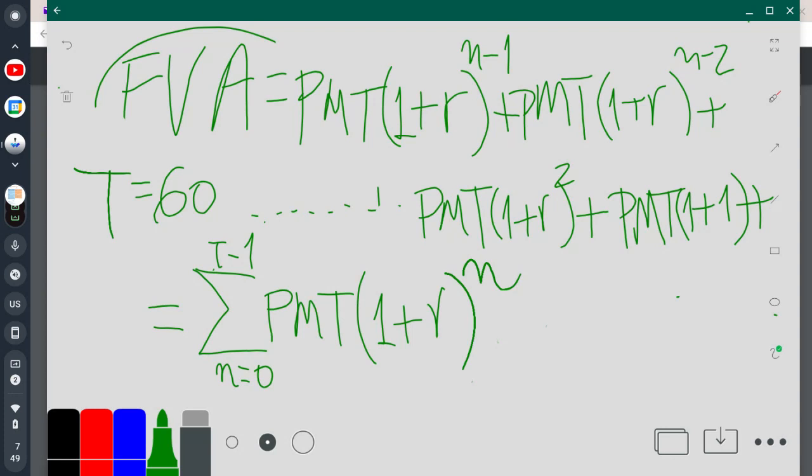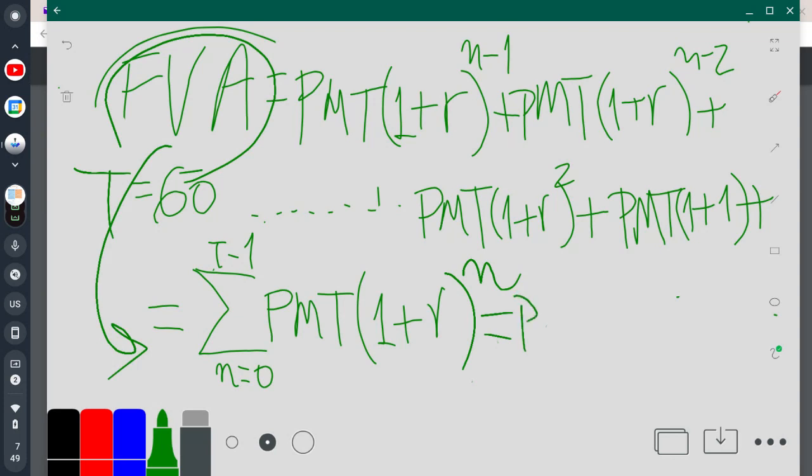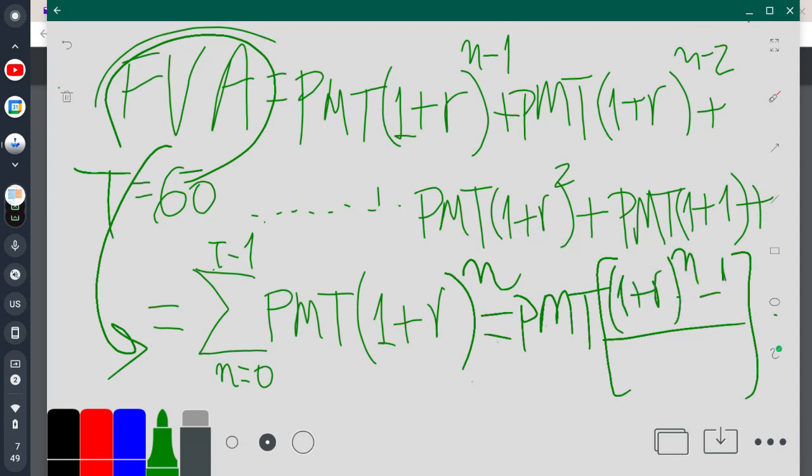Well, actually, there is the reduced form formula. We know the formula for the future value of an annuity is payment times 1 plus r raised to n minus 1, over r. Okay. The question is, how did we arrive at that formula?